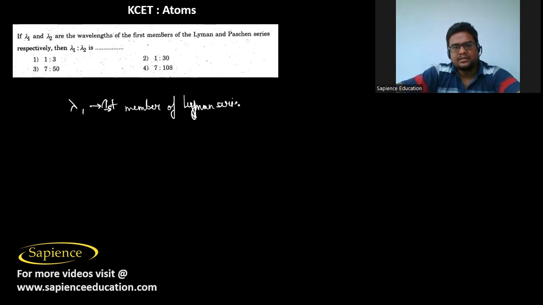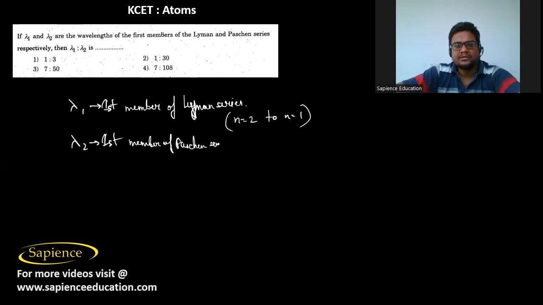First member of Lyman series, it means that it will go from the wavelength of transition from n equal to 2 to n equal to 1. And similarly, lambda 2 is the first member of Balmer series.